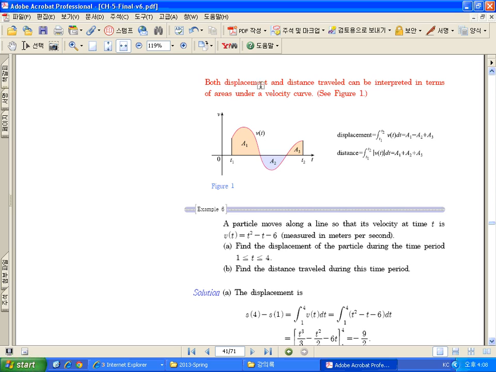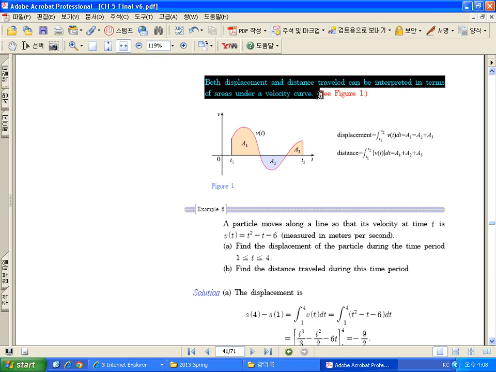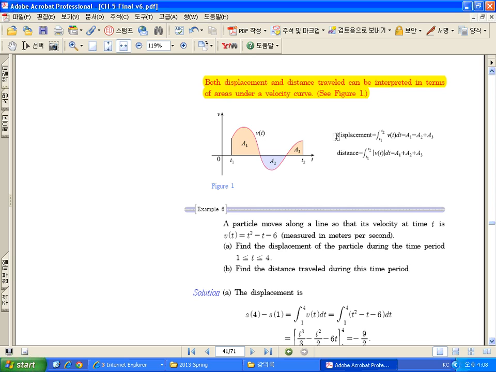What this says is that both displacement and distance traveled can be interpreted in terms of area under a velocity curve, like this. The displacement is the integral from t1 to t2 of v(t).